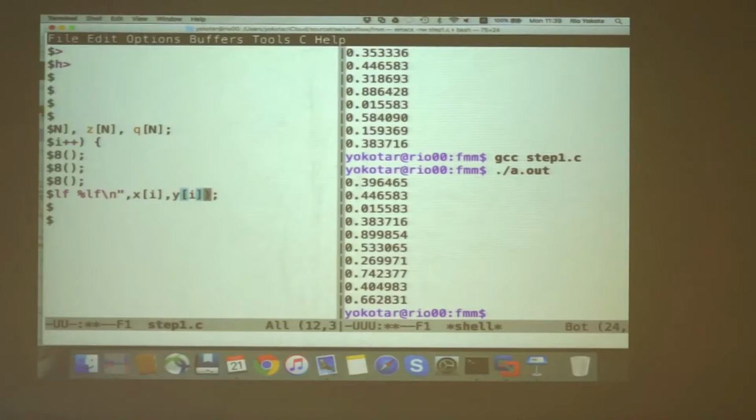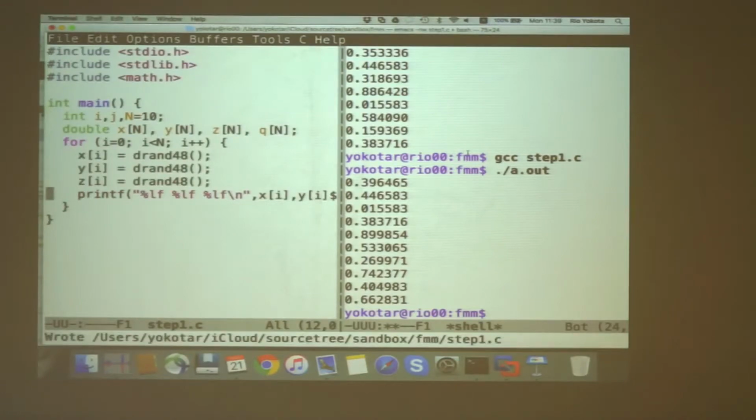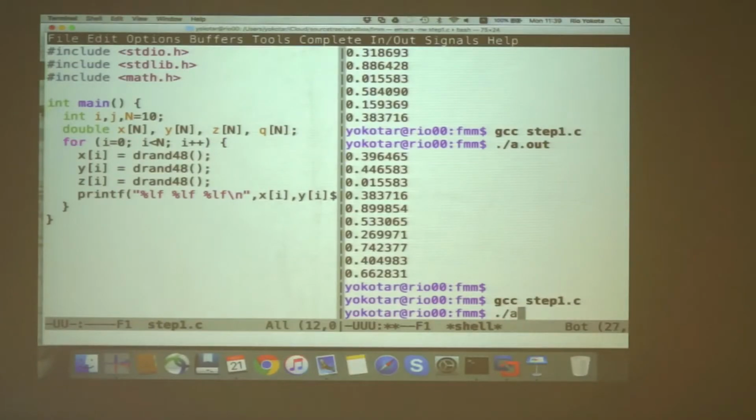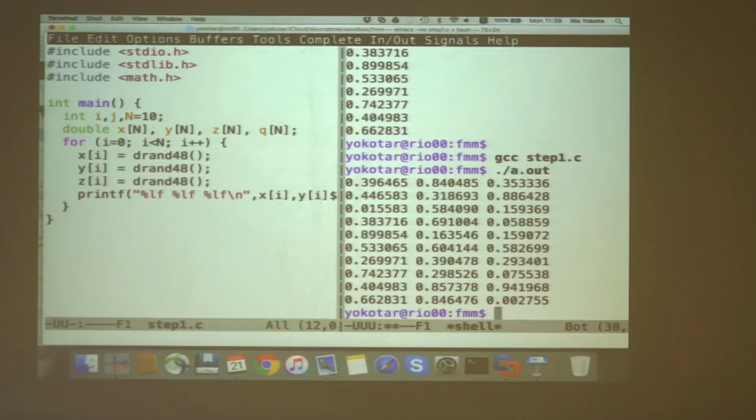And I'm going to print x, y, and z, all of them now. So now I'm printing x, y, and z, 10 numbers. So these are my x, y, and z.